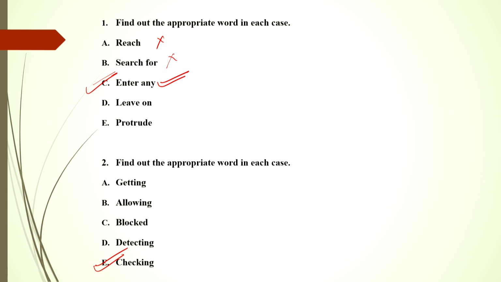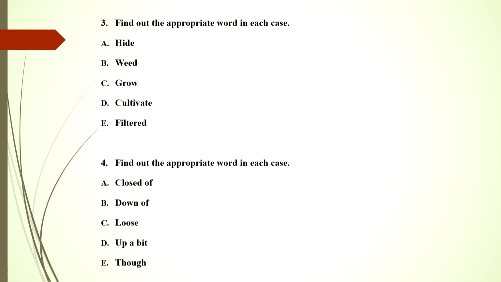On analyzing other options, allowing would convey the opposite meaning of what is intended. Next is detecting. Detecting does not fit in the context of the passage as we are talking about the invasion of pests that needs to be stopped. Option C, that is blocked, is grammatically incorrect. Option A is also irrelevant and not suitable with respect to the passage. So clearly option E is the correct option.